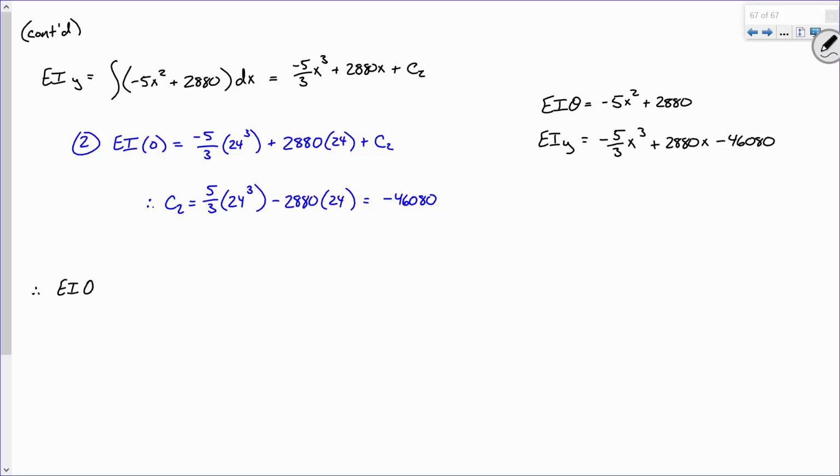So all I got to do is this. EI theta max is EI times the slope at 0, which is minus 5 times 0 squared plus 2880, which is 2880. So therefore, theta max is 2880 over EI.